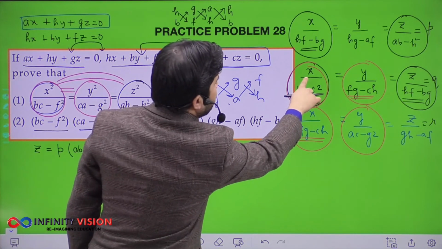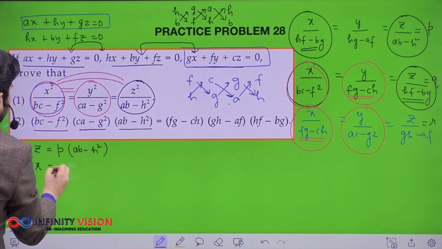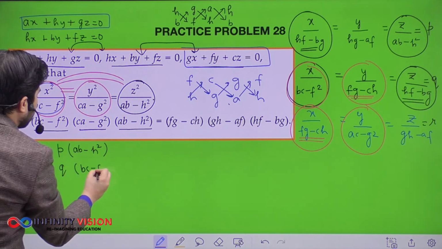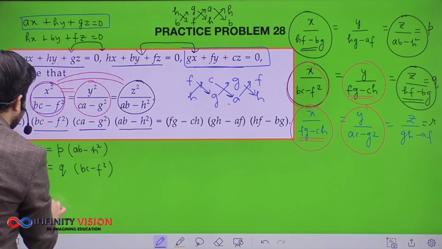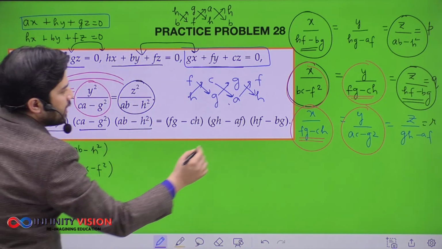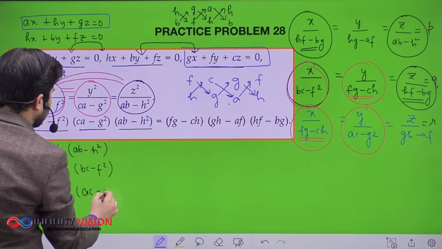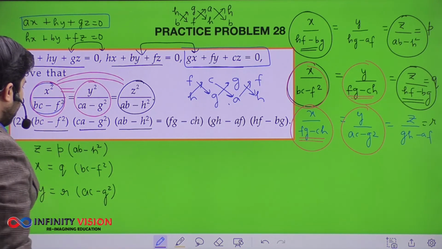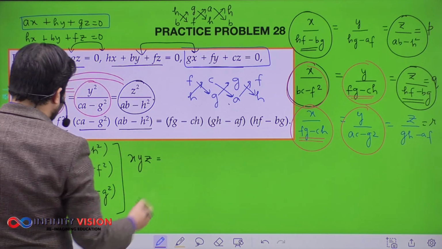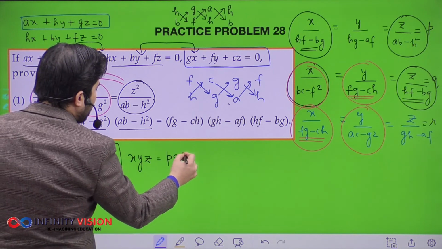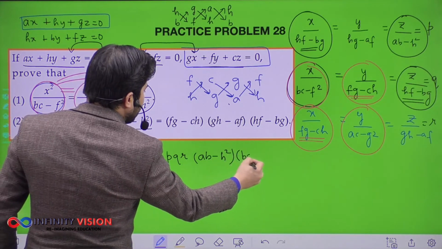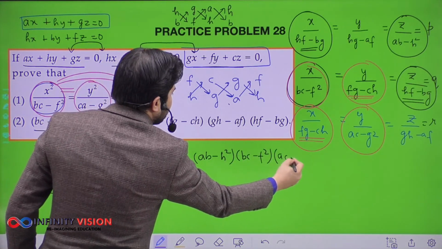And if I took here, my x is q into bc minus f square, and my y is r into ac minus g square. Now if I multiply them up, I can simply say my x, y, z is equivalent to p, q, r into ab minus h square, bc minus f square, and ac minus g square.